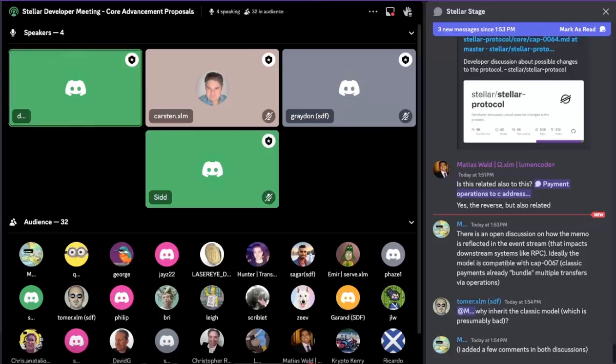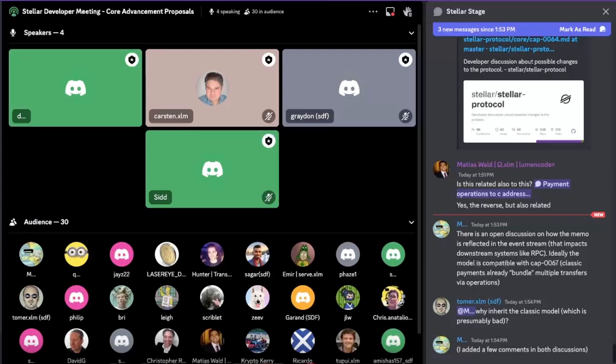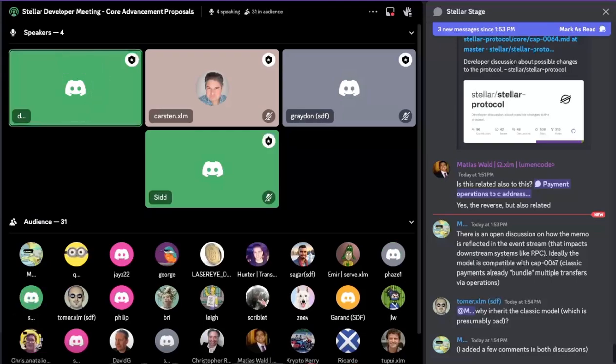Yes. Memos and the events are currently not specified. This cap does not talk about the events, which makes sense. It is about authorizing memos, but the cap that we have created for next week that is still under active discussion is about trying to generalize the events between Classic and Soroban.